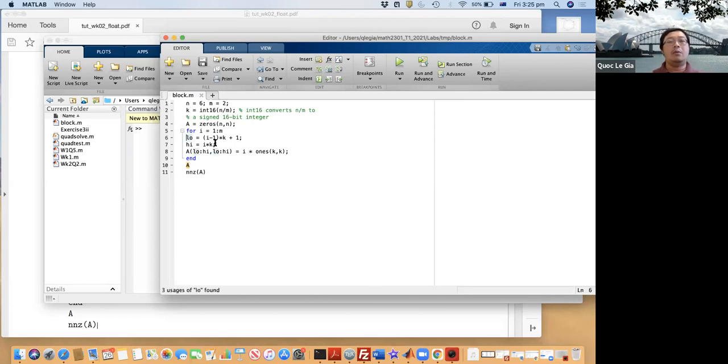Now what does the loop do? Maybe it's more instructive to try to understand what a for loop does. So now let me show you my analysis of this piece of code from line 5 to line number 9.